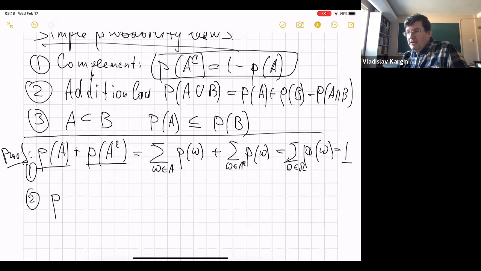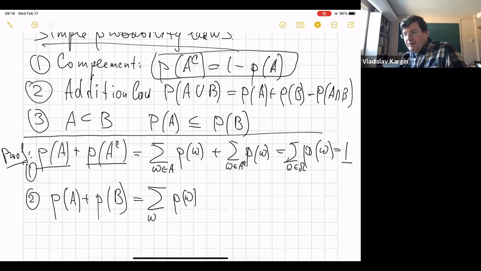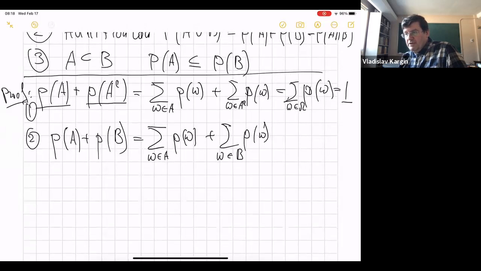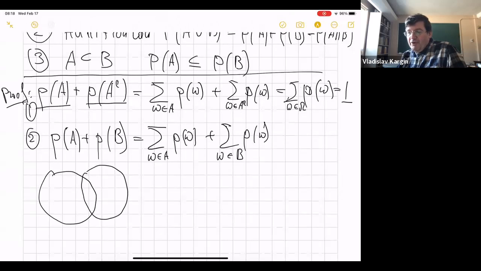Let's look at the probability of A plus the probability of B. Write it similarly: the sum of the probabilities of outcomes belonging to A, plus the sum of the probabilities of outcomes belonging to B. Now we need to think about what this is, and here a Venn diagram is useful. You draw it and see this is A, this is B. You look at all outcomes in A, all outcomes in B, and so these are the outcomes.